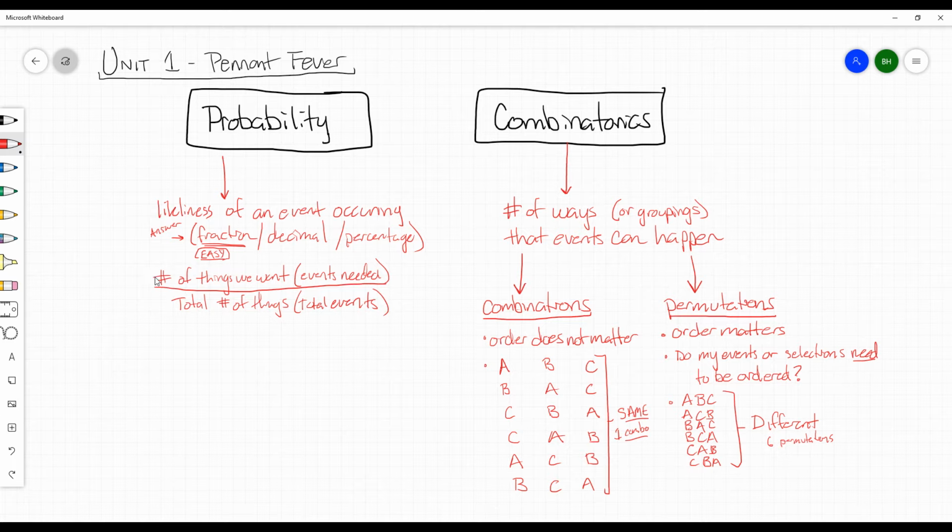This fraction here is a probability. So this is how your answer would look. You put numbers in there to make it a fraction, and then once you divide the fraction, you get a decimal.